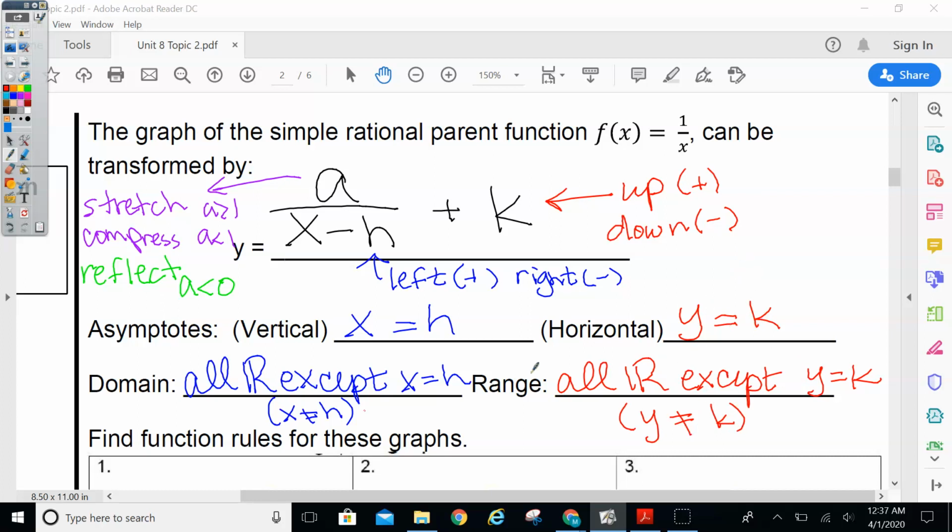Alright, so on this page, all we're doing is taking this transformation form and plugging in a, h, and k. We'll talk a little bit more about a in just a second. Right now, we're just going to say it's 1, because these aren't being stretched or compressed yet. We're just looking at the h and the k. So if we look at these functions right here, we're trying to make a rule, which is just an equation for them.